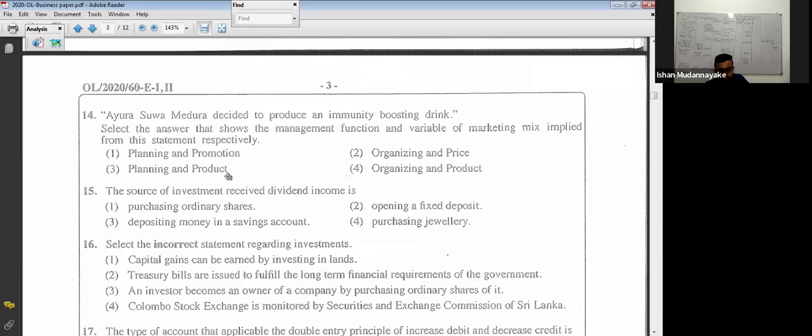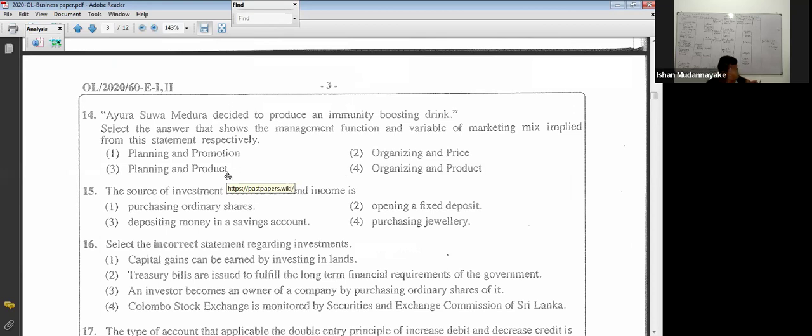Now I look at the question 14. Question 14, what's the answer? Aruna Suwa Madura decided to produce an immunity boosting drink. Select the answer that shows the management function and the variable of the marketing mix implied from this statement respectively.